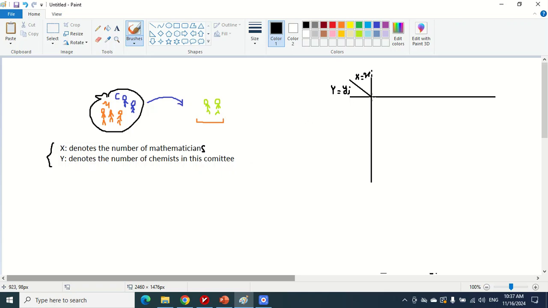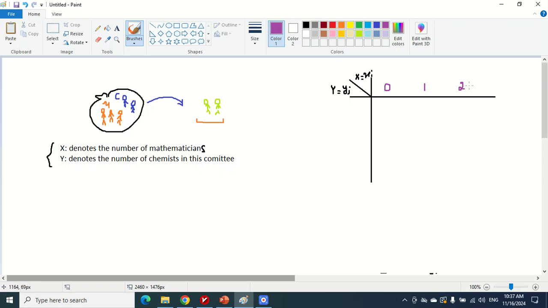then first of all we construct one table like this for x values and y values. Y values will be written in a column and x values in a row. You can change their places as well. It's up to you. So we can have no mathematician inside that committee. It can be possible to have one mathematician, or it can be possible to have both of them as mathematicians.